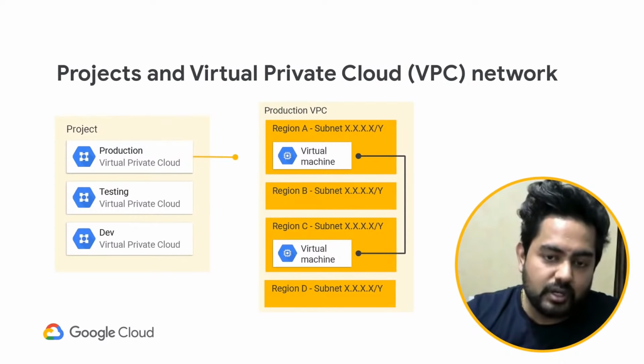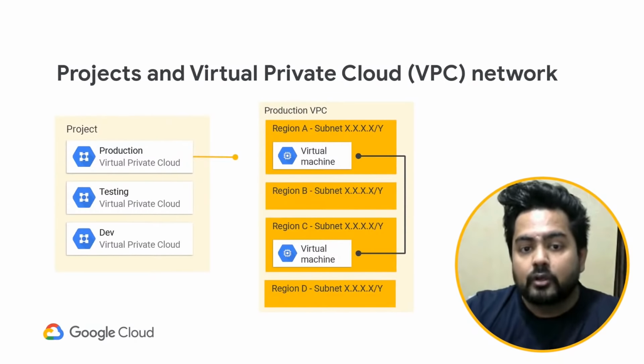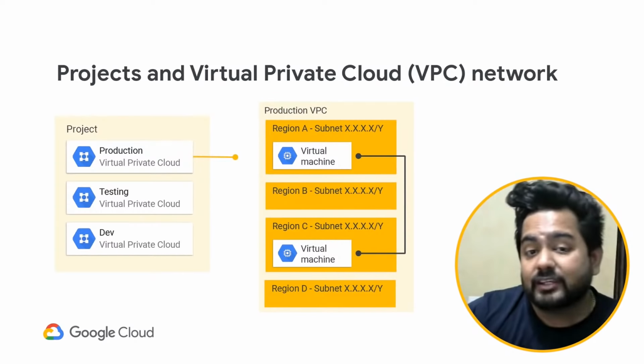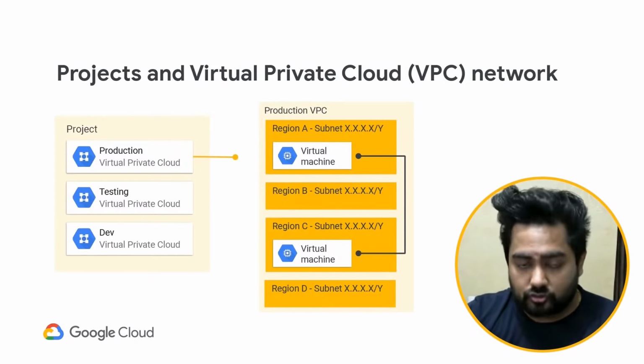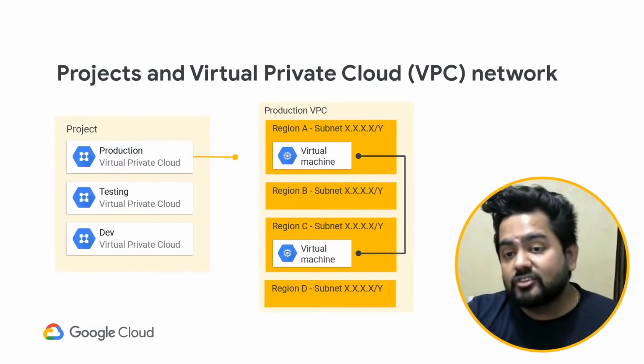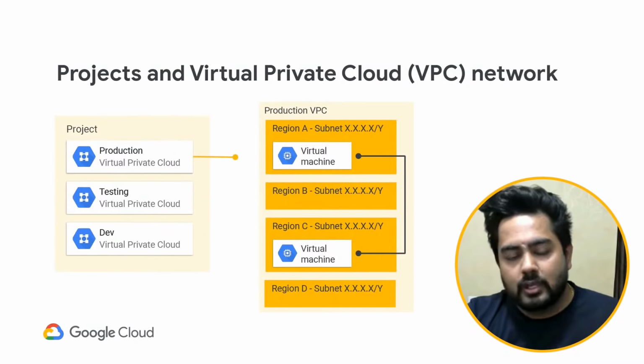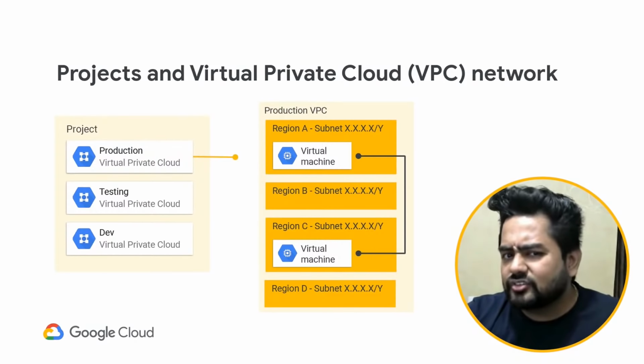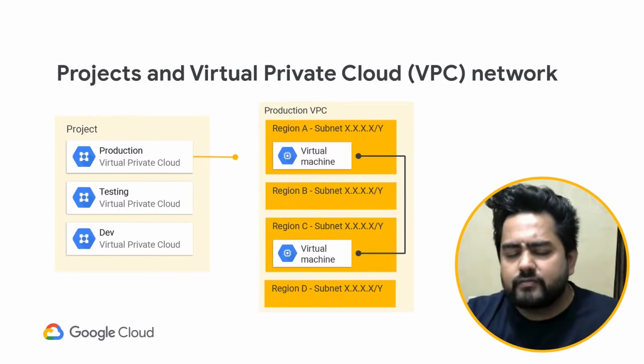You can have an IP address range associated with them, and all those subnets can span across the zones which make up a region. That means you can have resources in different zones on the same subnet, which makes management and fault tolerance pretty easy.